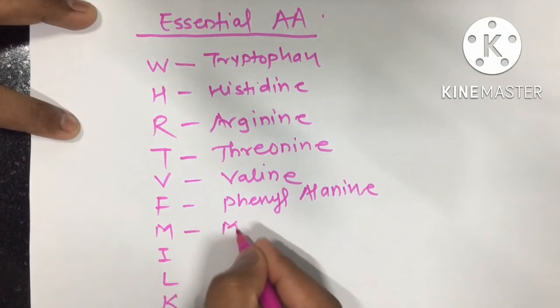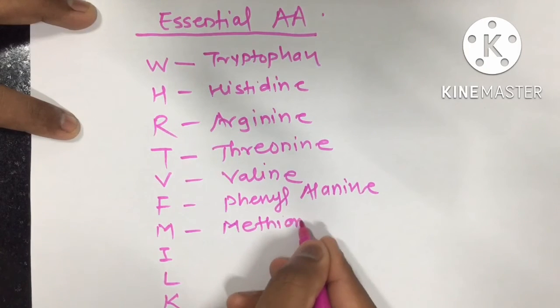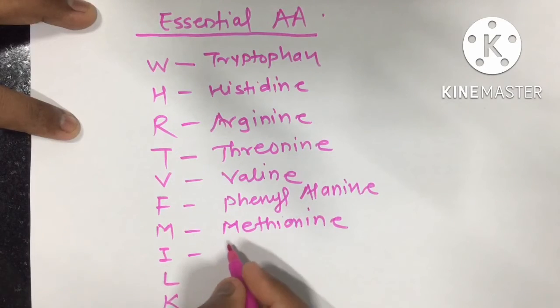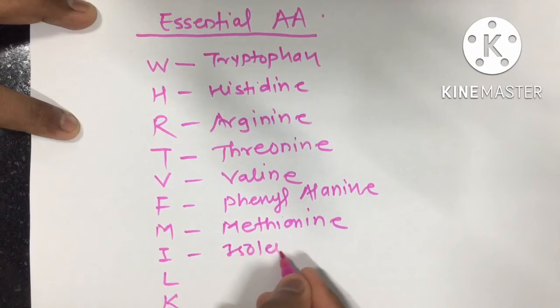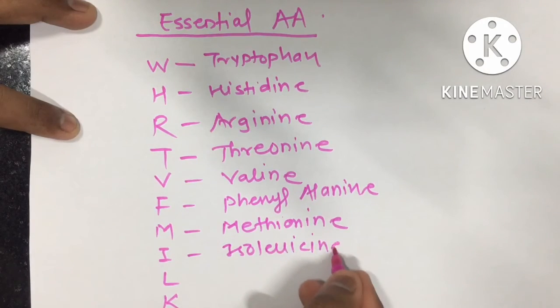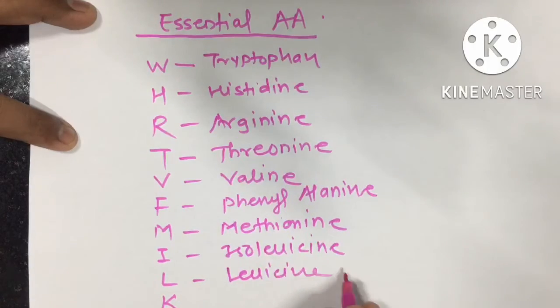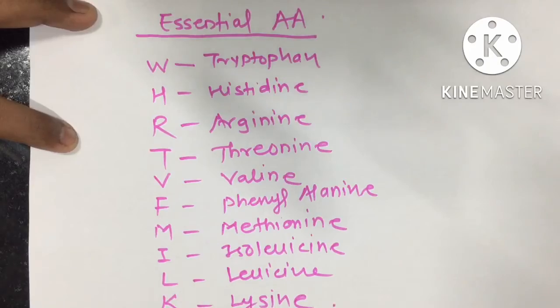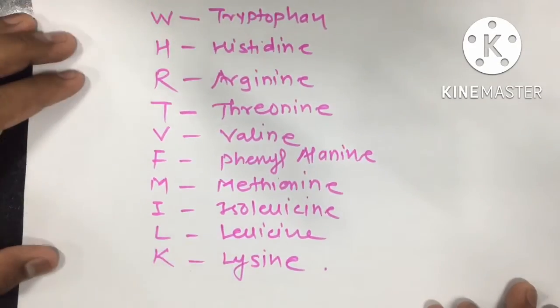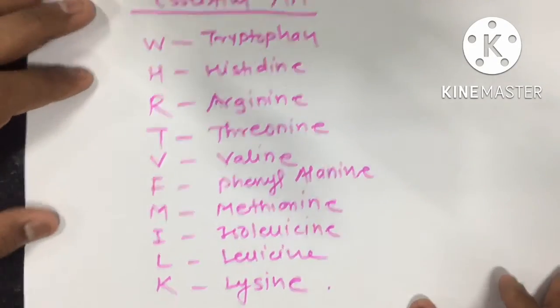M for methionine. I for isoleucine. L for leucine. And K for lysine. So this is the list of the essential amino acids.